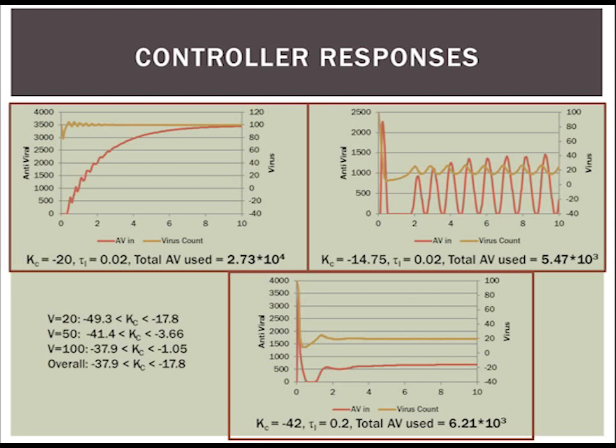When we did that, we came up with this model, and you notice that the controller gain is actually outside of the stable controller gain limits. You can see that the amount of antiviral you need to use is oscillating, and it's getting bigger as you go forward through time.